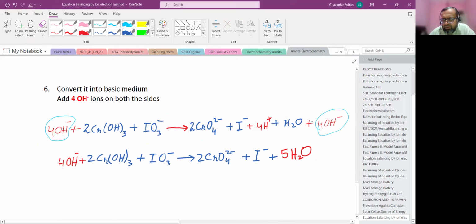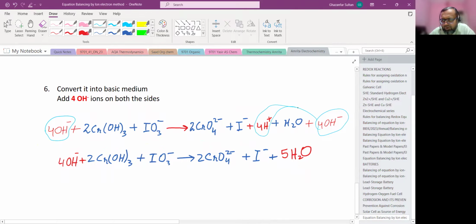So what happens when these 4 hydroxide ions combine with 4 hydrogen ions? They form 4 water molecules, and 1 water molecule was already there.